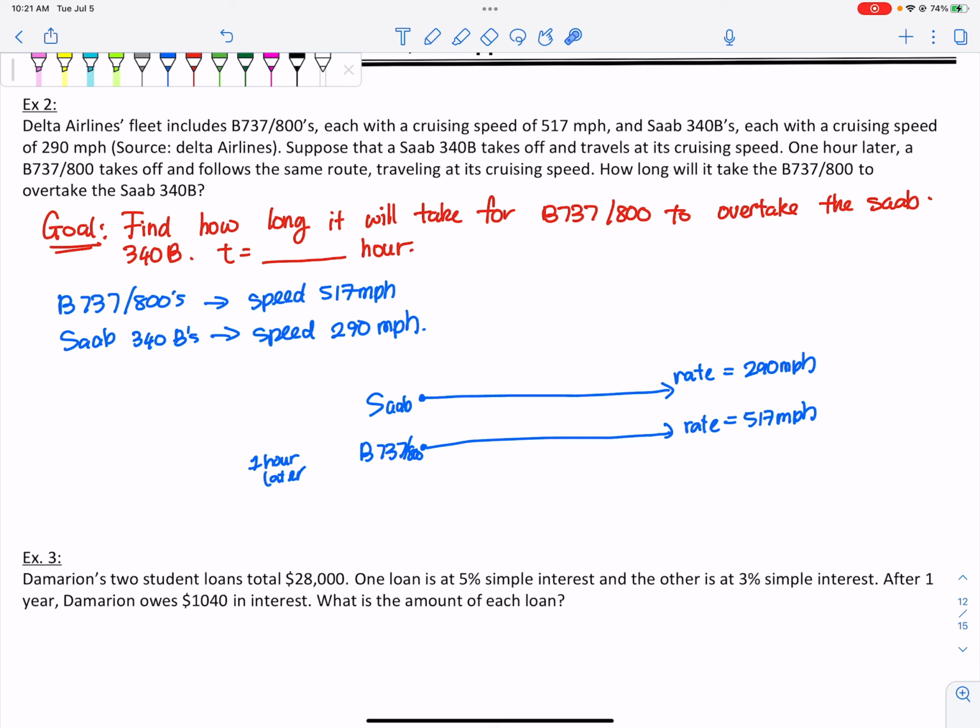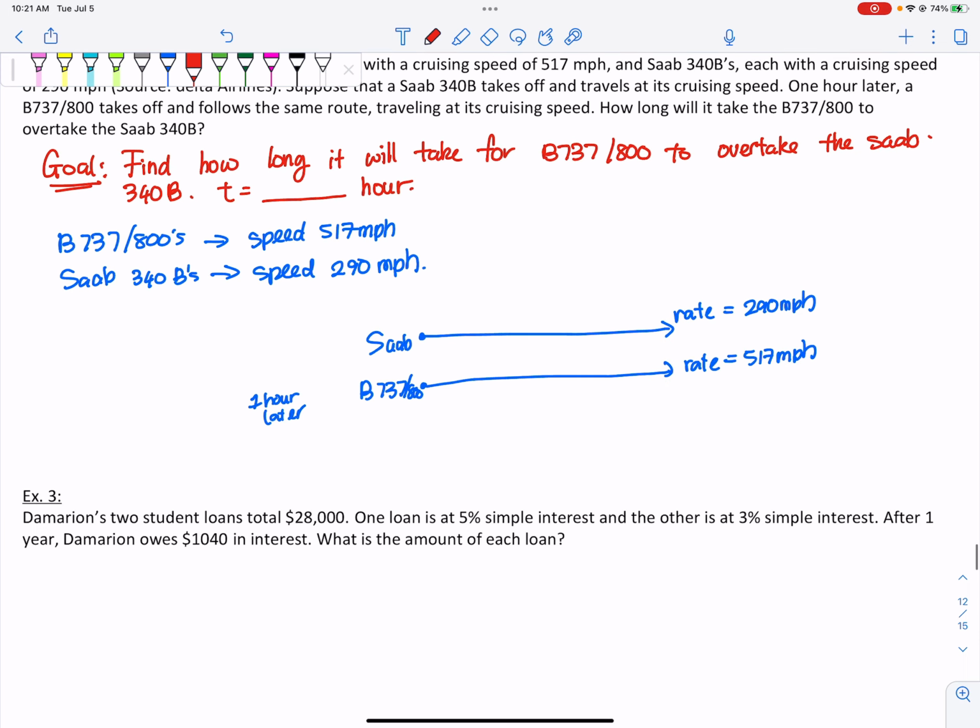So looking at this problem, I notice speed, I notice I'm looking for time, and when B737 overtakes Saab, that means that's when the distance is the same. So overtakes, that's when the B737-800 distance is the same as the distance for Saab 340Bs.